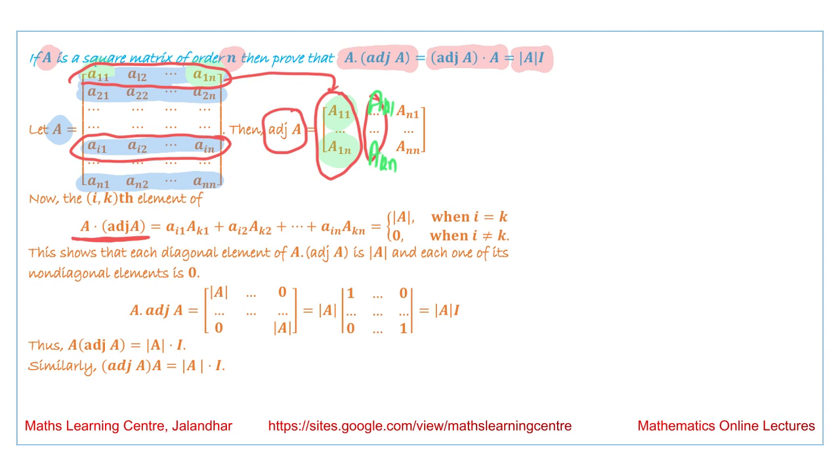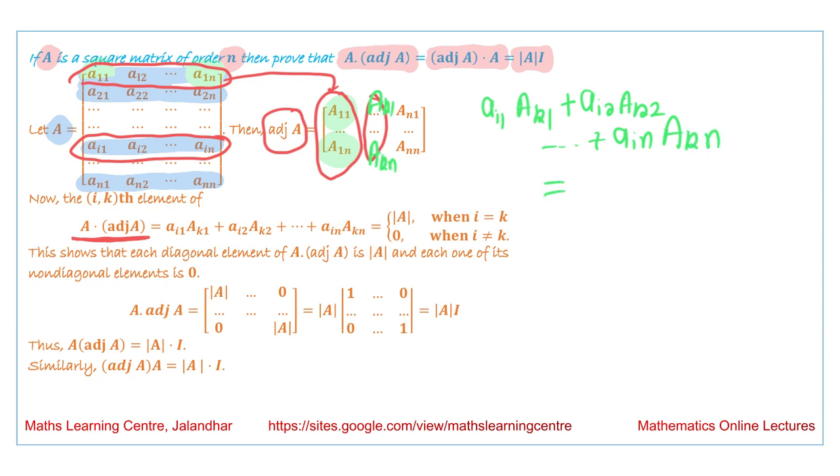So what we will get is ai1 multiplied with Ak1, plus ai2 multiplied with Ak2, and so on up to ain multiplied with Akn.